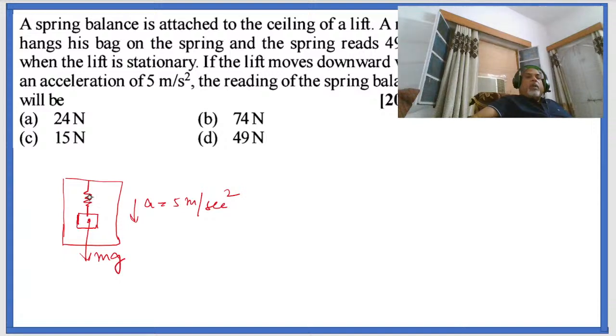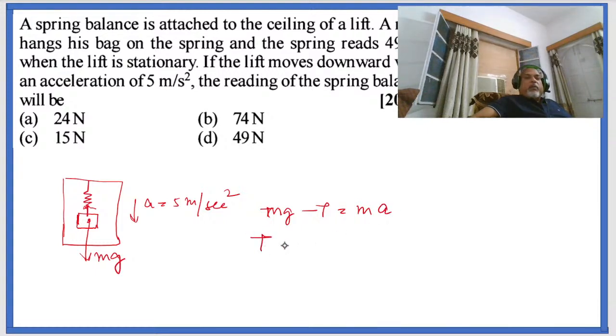So whatever tension is in the spring, that means mg minus T must be equal to ma.